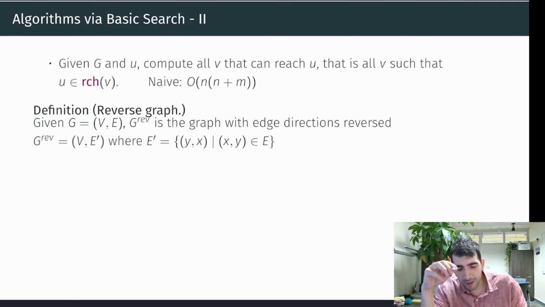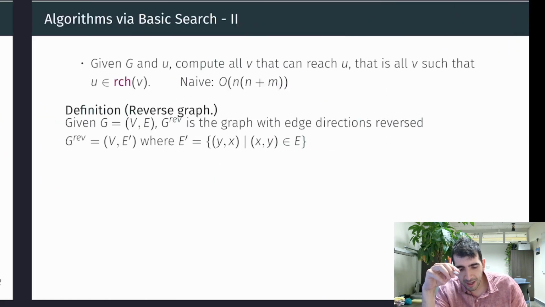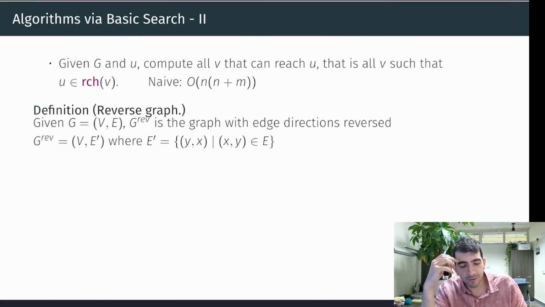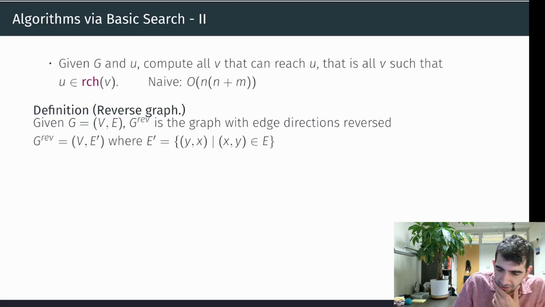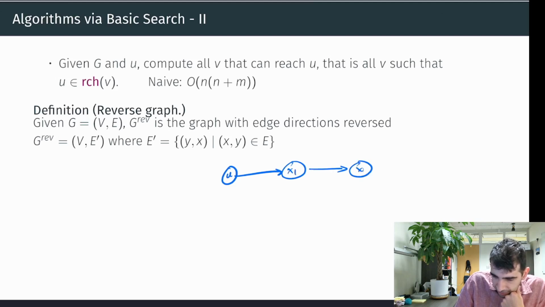Let's think about what it means for U to be able to reach V. For U to be able to reach V, there is a path from U through some intermediate nodes, x1, x2, dot dot dot, xi, then finally to V, right?